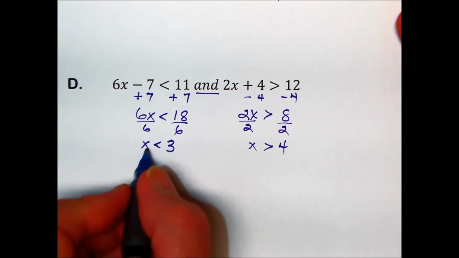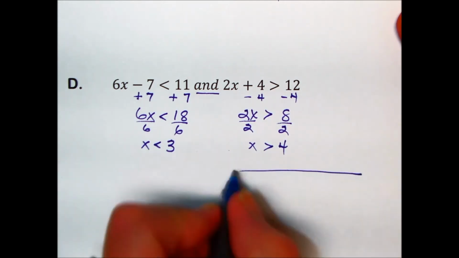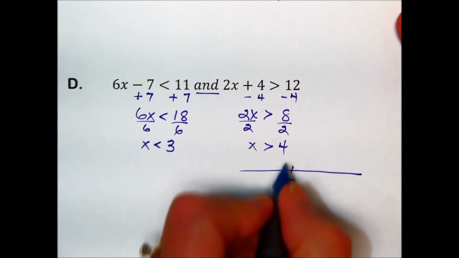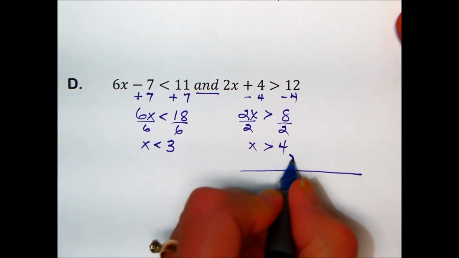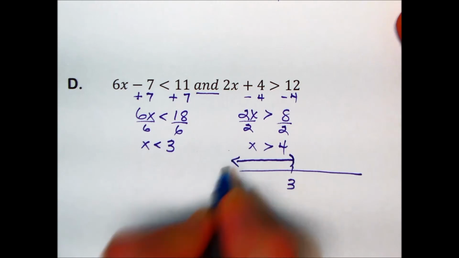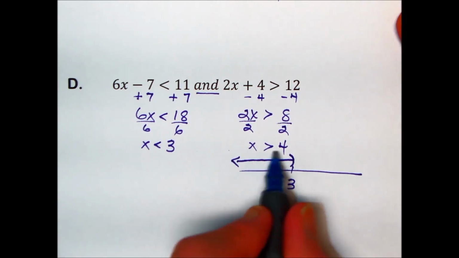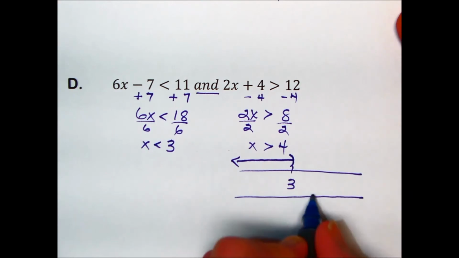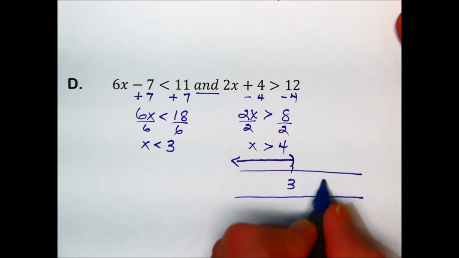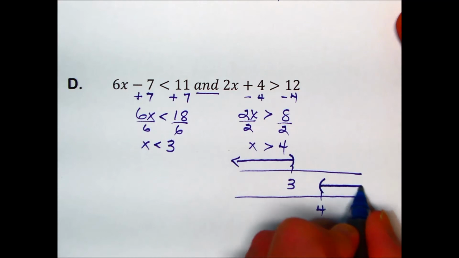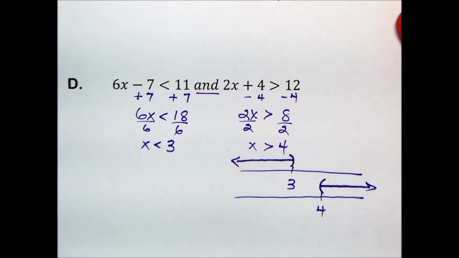What does the interval x less than 3 look like? Here is 3. We're not including it. Again, if you like using the interval notation for your non-inclusion, we use the parenthesis. X is greater than 4, number line wise. We're not including it, but we're looking for all values up to 4 and greater.